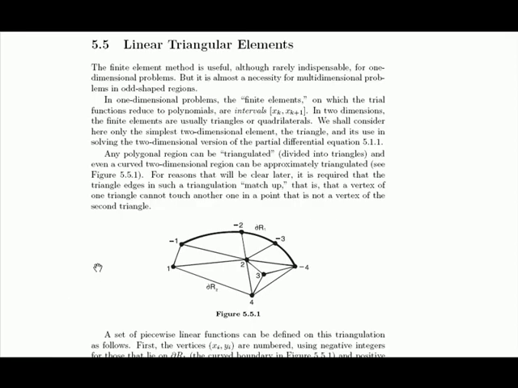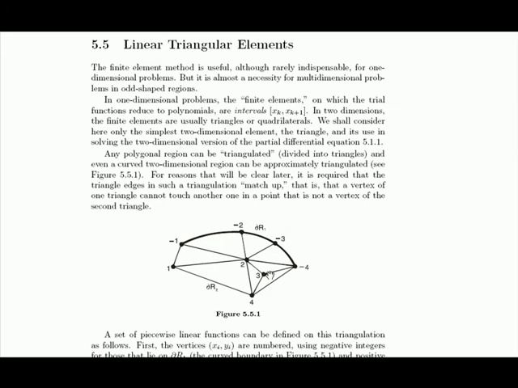Now the matrix will be sparse again. It's very much like what happened with the Chapeau functions. a sub ik will be 0 for most i and k unless i and k share a common triangle. So for example, A13 would be 0 because S1 or Phi1 would be non-zero only in those two triangles.